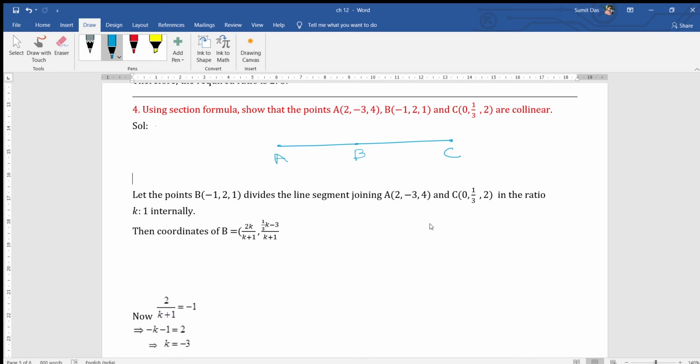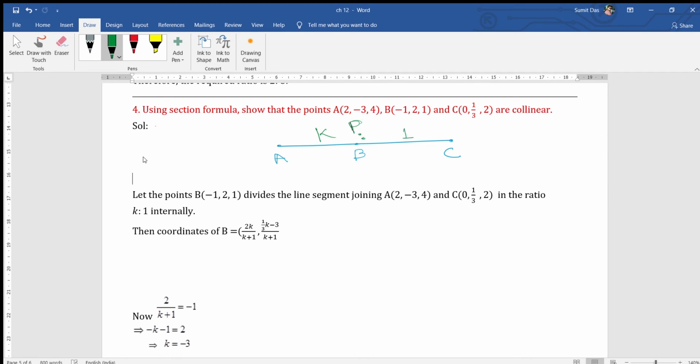We will take a point P. We'll take point P dividing the line segment in the ratio k is to 1.